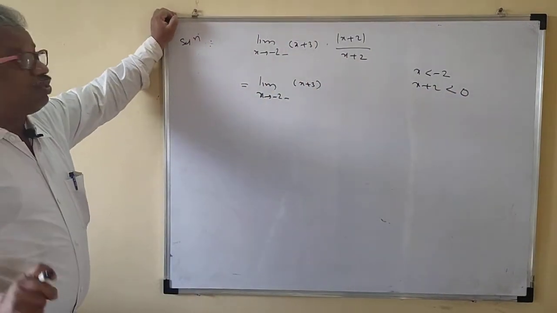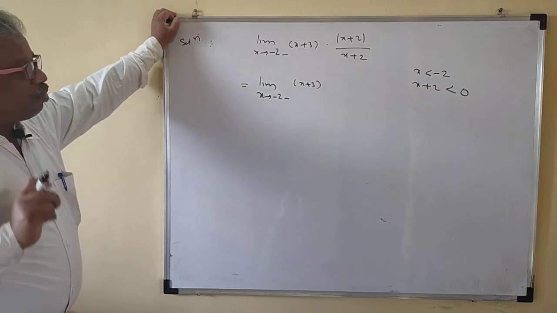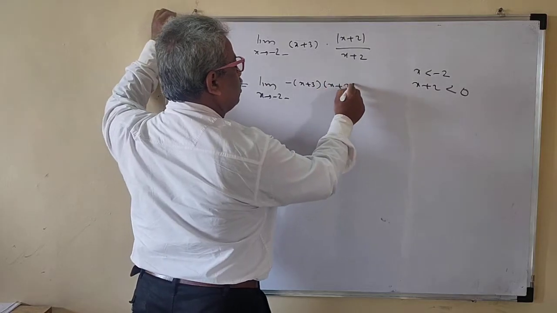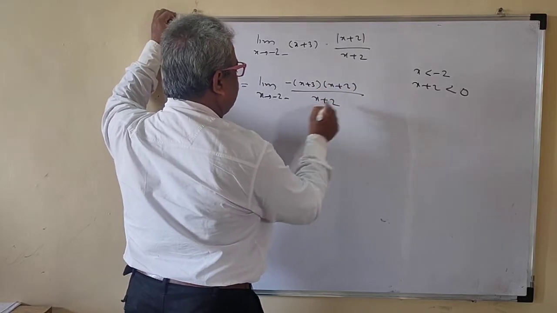X plus 2 is negative here, right? So mod of a negative number is the minus of that one, so you have to write minus (x plus 2) upon x plus 2.